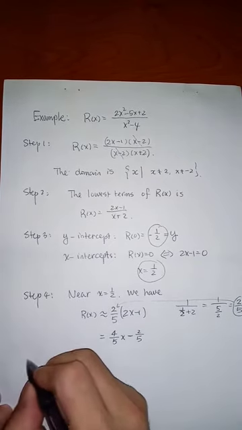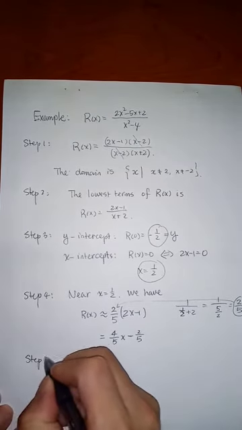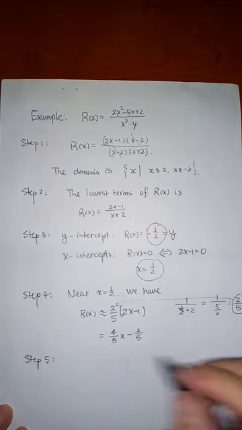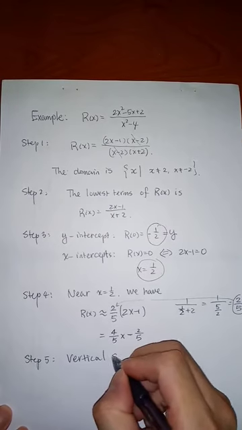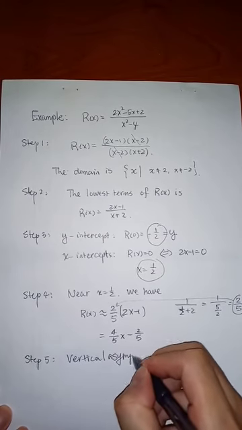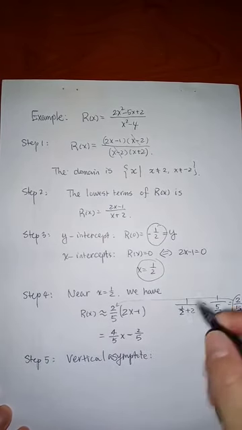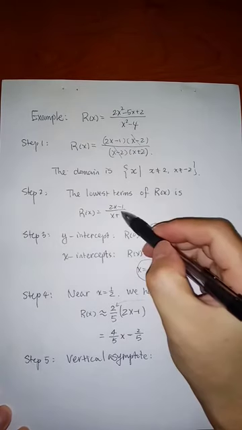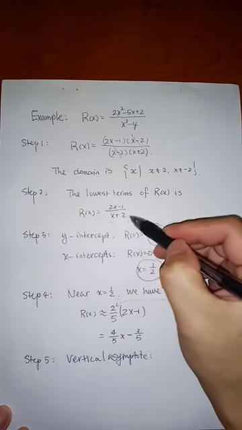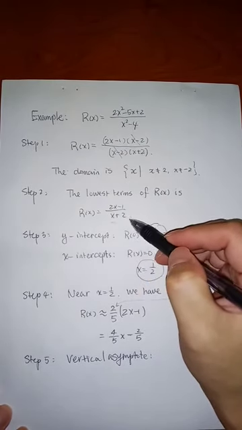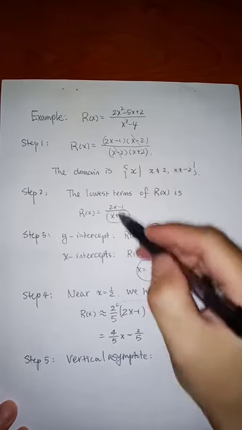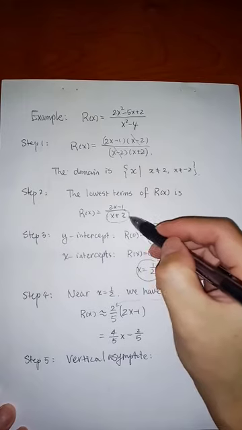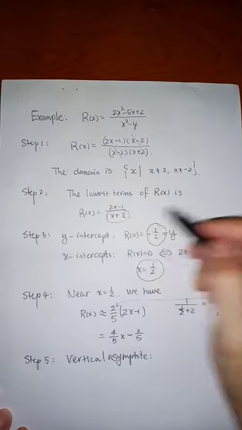Okay, then next we study the vertical asymptote. Vertical asymptote comes from the denominator of the rational function in lowest terms. So here, you don't go back to the original one. You study the lowest term rational function.